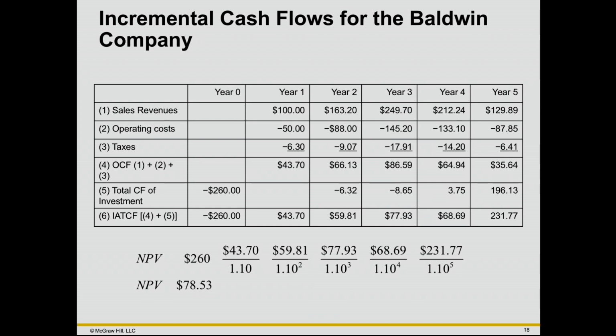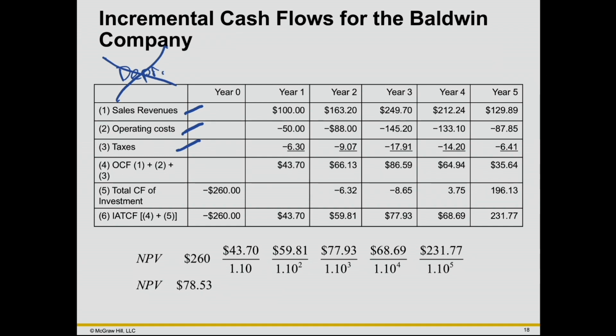So now we take the OCF, that operating cash flows, or cash flows from operations. Notice that we just have sales revenue, operating costs, and taxes here. What happened to depreciation? It's gone. Don't need it now. So when we're calculating cash flows, we get rid of all the non-cash deductions.